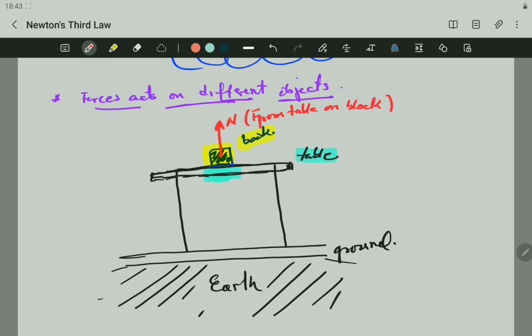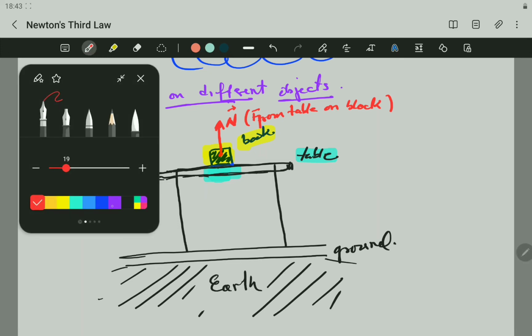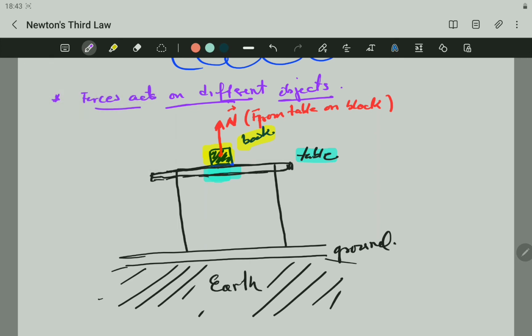The normal force is the force from the surface on the object that is on the surface, and it is perpendicular.